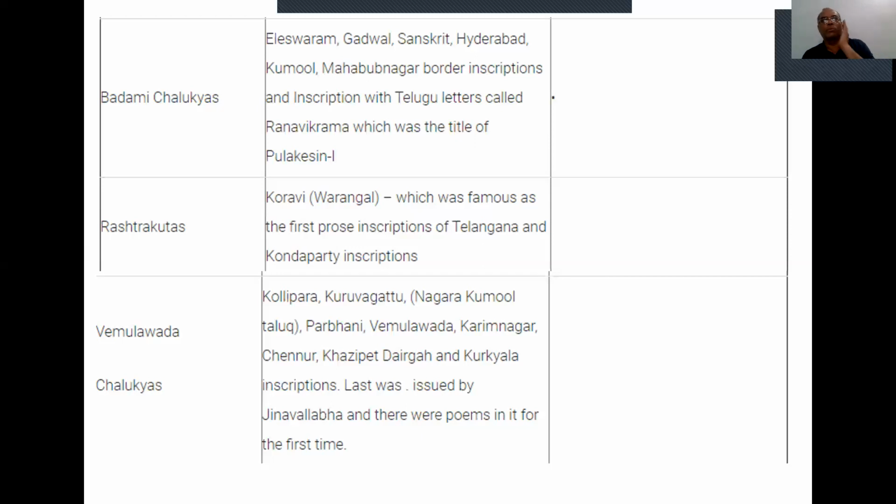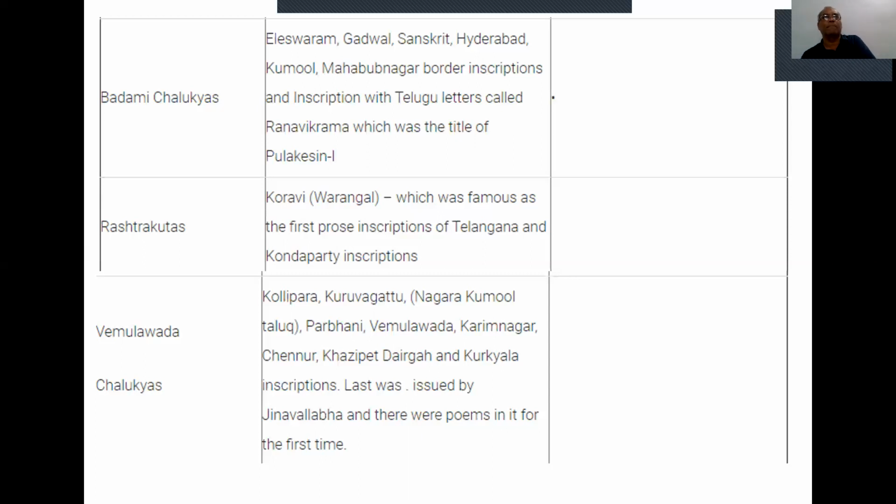Okay, so both the Chalukyas and the Vemulavada, here when we are talking of Chalukyas, we have two categories of Chalukyas. One is the Badami Chalukyas and the other one is the Vemulavada Chalukyas. There is a difference of period between them, and we will discuss when we are taking these dynasties independently.